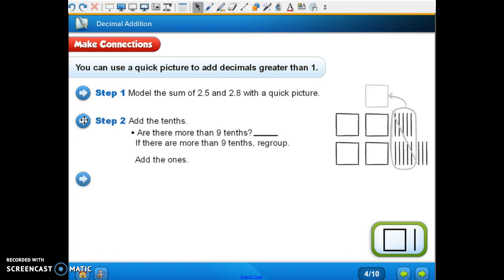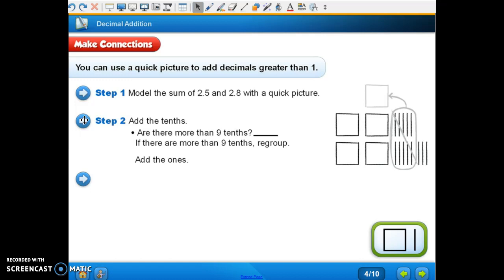It says to add the tenths. How many tenths are we going to group together before we have to regroup? 10 of them. So they have circled 10 of them and drawn you a model of the whole above that.